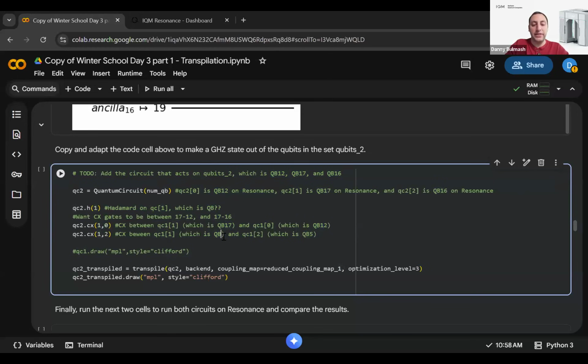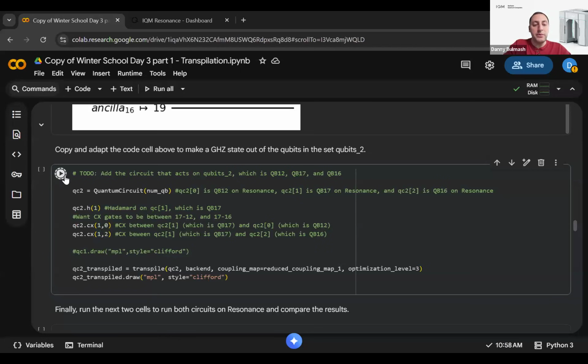And similarly, you can check that this one, oops, this is QC2, gives us the connection between qubits 17 and 16. And then the one that we need to apply the Hadamard gate to is the one in the first argument here. And so that's qubit 17. Everything is good. So let's see what happens.